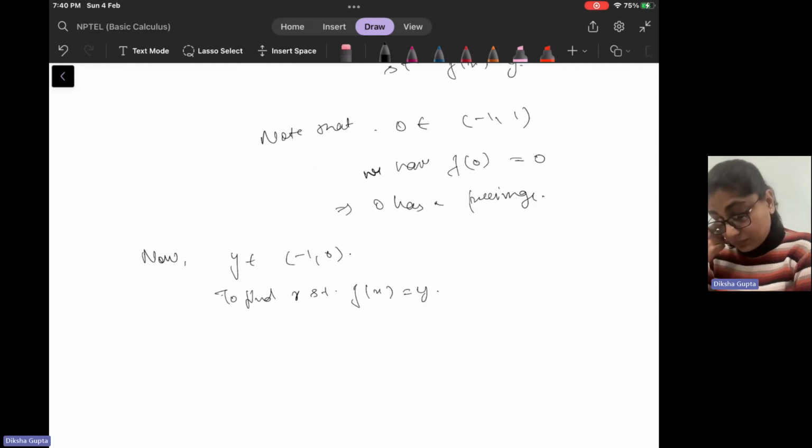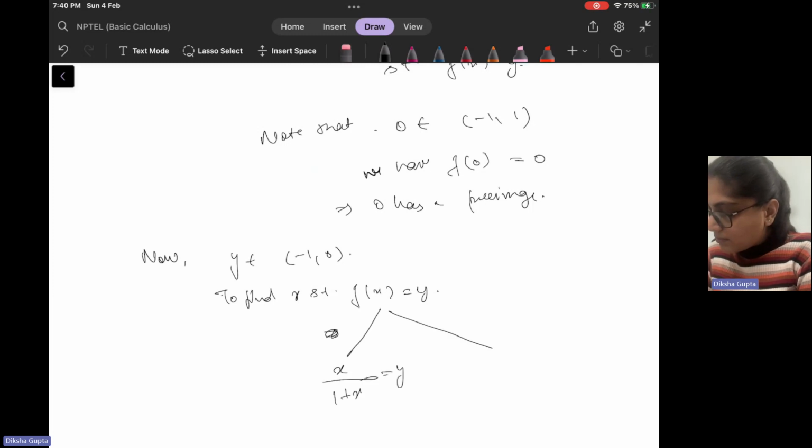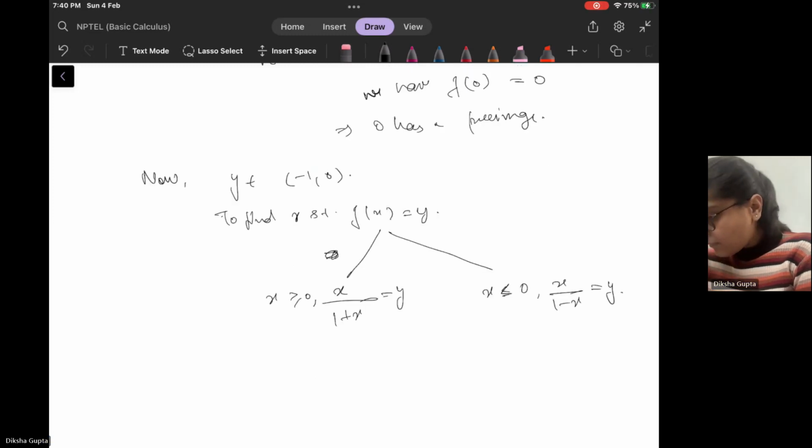We'll take the reverse step. f(x) equals y means either x/(1+x) equals y, or x/(1-x) equals y. But this is negative, right?